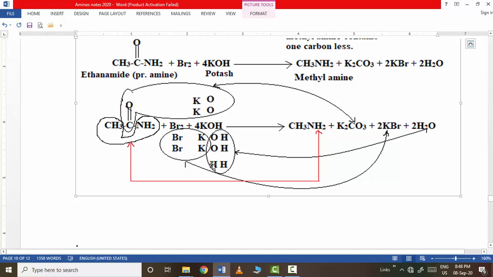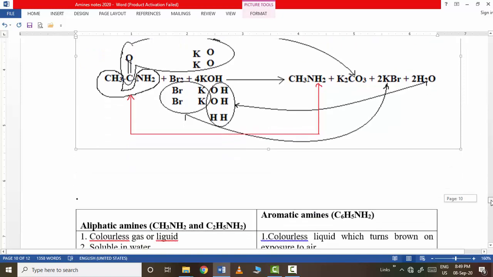This hydrogen combined with this oxygen to form the water molecule. So 2 molecules of water. Then after that, this CO will be taken by 2 atoms of potassium and 2 atoms of oxygen to form K2CO3. So K2CO3 is obtained by taking this one. Remaining is CH3NH2, which is the primary amine.